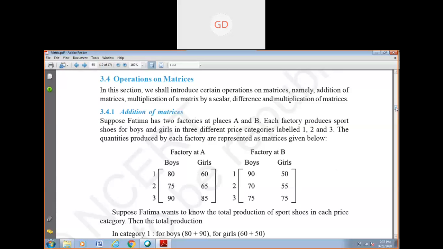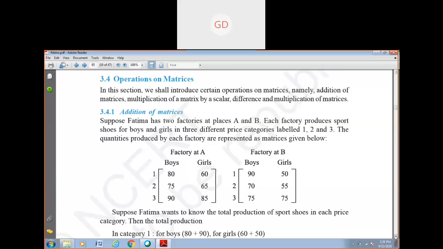First of all, addition, and parallelly we can say subtraction also. First of all, when addition holds, that means when addition can be performed between two matrices or more than two matrices, that is called the condition to be fulfilled for matrix addition. First of all, order. Order is the basic element to know about the structure of a matrix.